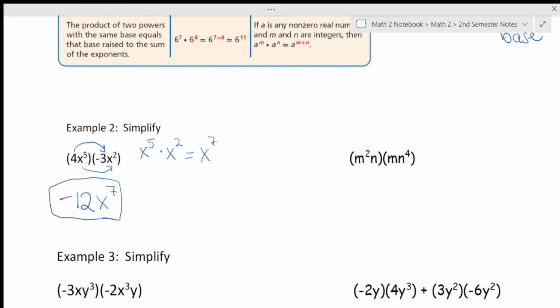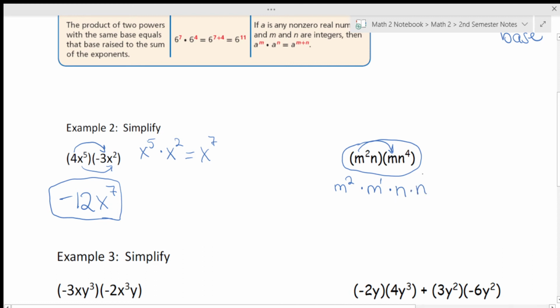The next one, we've got m squared times n times m times n to the 4th. All of these are being multiplied together. If we don't have any operation listed between our variables or parentheses, then we have multiplication there. So m squared times m, and m without an exponent is m to the 1st power, and n times n to the 4th.